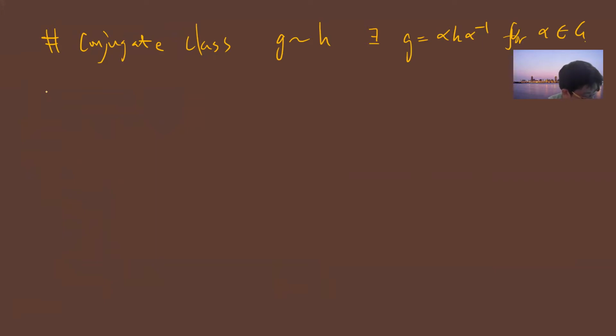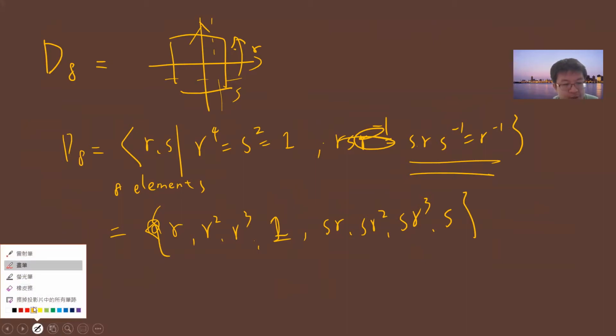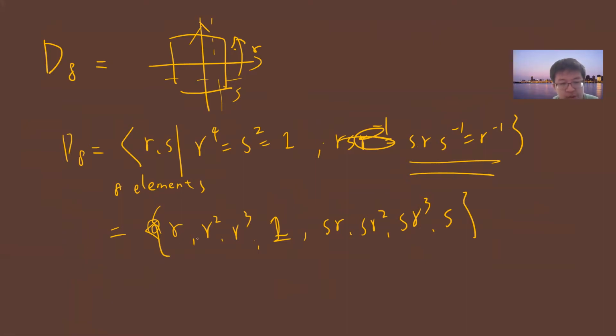Okay, so let's see how many conjugacy classes this group has. Okay, so let's quickly see. So S inverse is S, right? This takes you to the first conjugacy class, obviously: R and R cube, which is R inverse, are in the same conjugacy class, right?